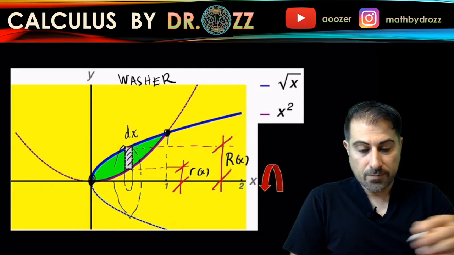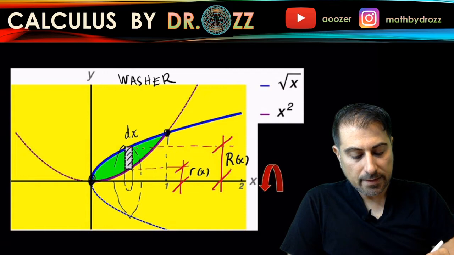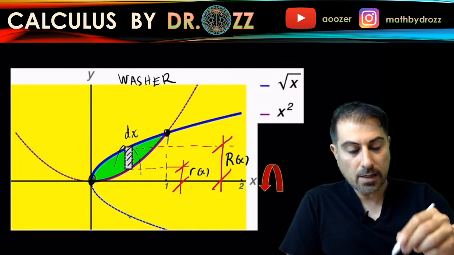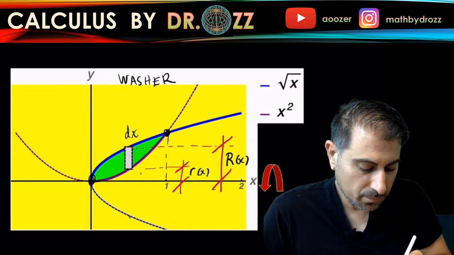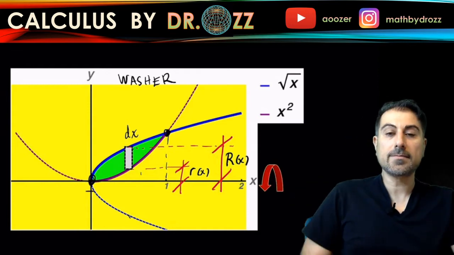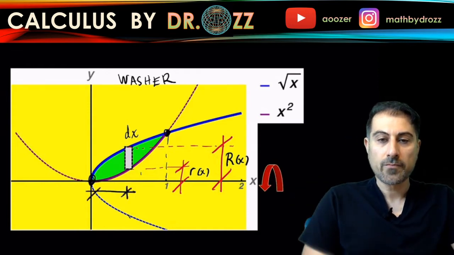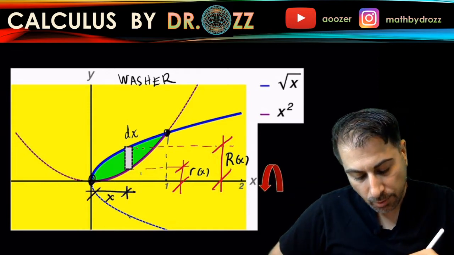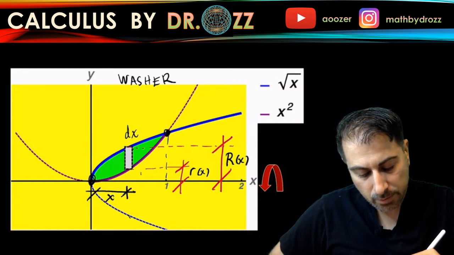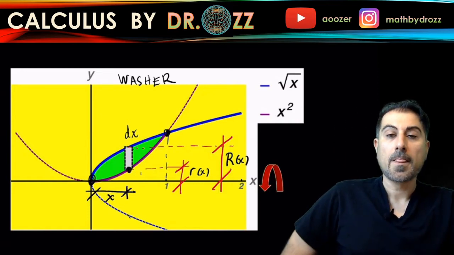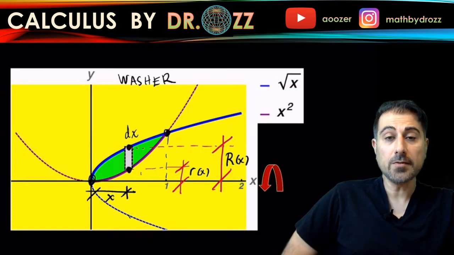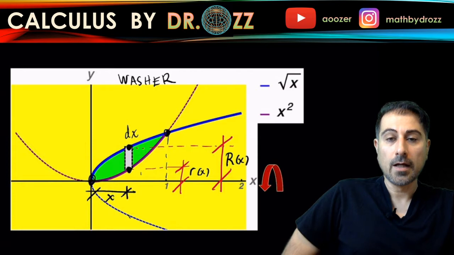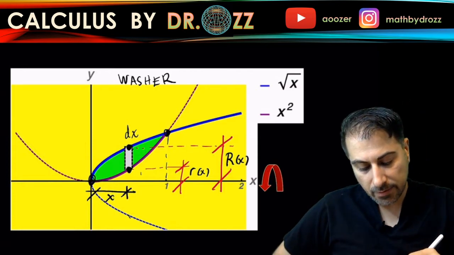Okay, so the starting point here is that let's say this slice is x units far from the y-axis. Now the y-coordinate of this point and the y-coordinate of this point are needed because the difference between these two is going to be exactly this height here, which we don't need.